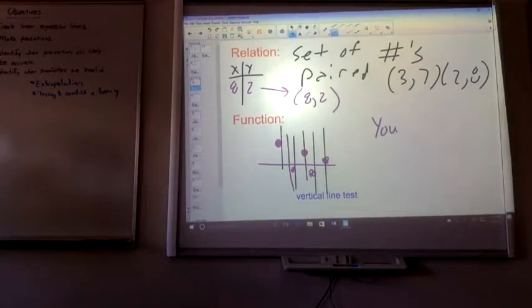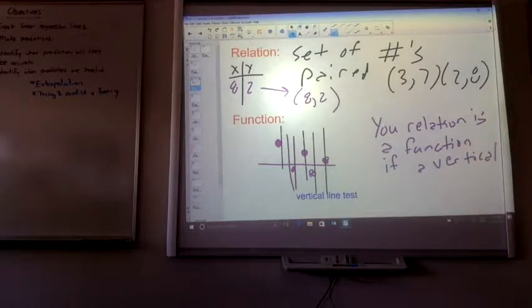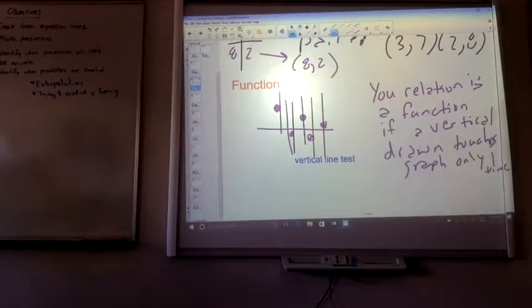Your relation is a function if a vertical line drawn touches the graph only one time. Okay?